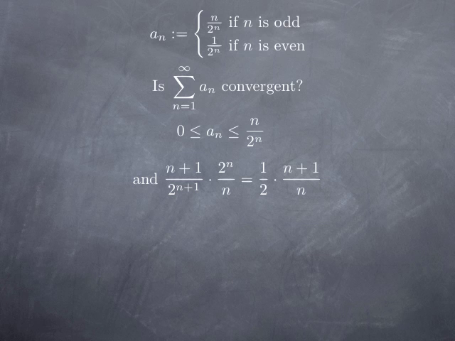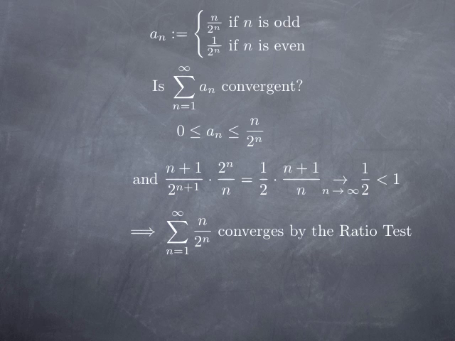And then I multiply this 1/2 by n plus 1 over n, which has a limit of 1, therefore the limit of the ratio of two consecutive terms for the series of general term n over 2 to the n is 1/2, which is less than 1. So by the ratio test, that series of general term n over 2 to the n is convergent. And by comparison, the series with smaller terms, the series of an, is also convergent.